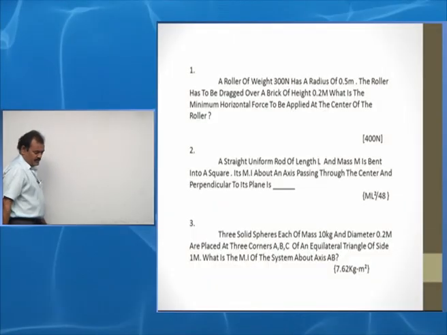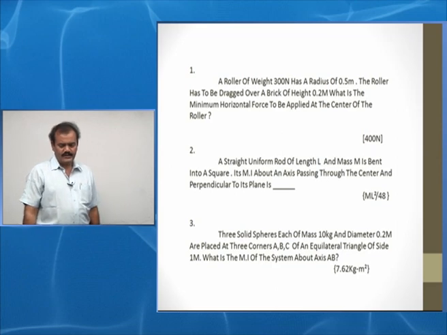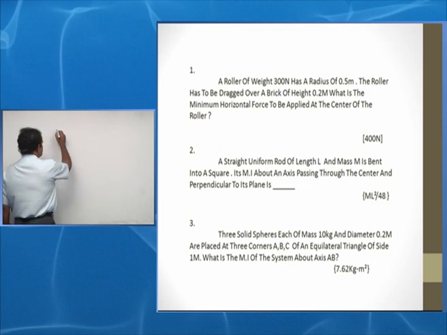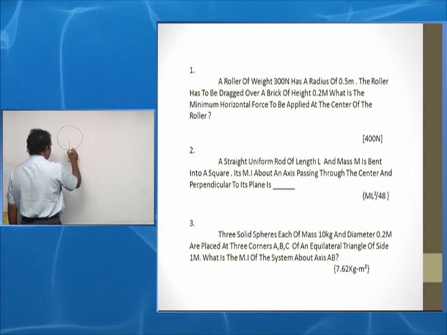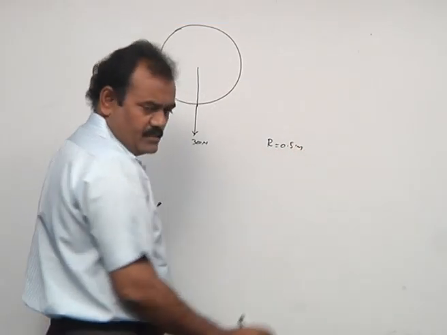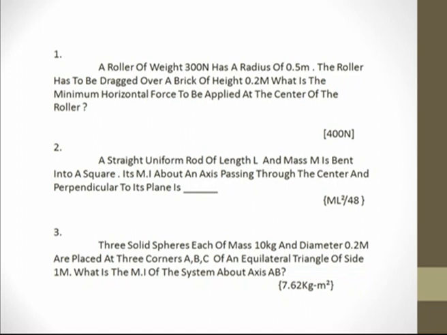Here the first problem we are coming to, a roller of weight 300 newtons. So first I read this problem. A roller of weight 300 newtons has a radius of 0.5 meters, and in addition it has to be dragged over a brick of height 0.2 meters.